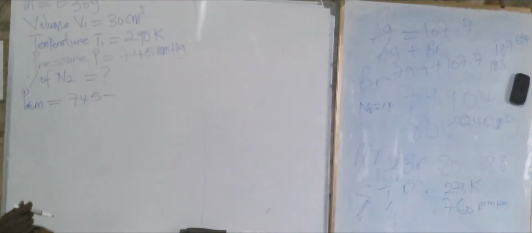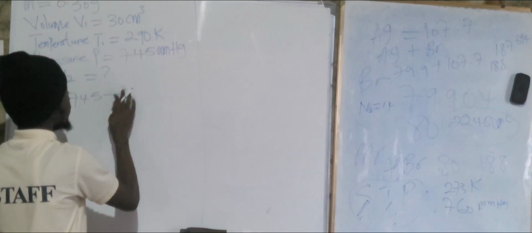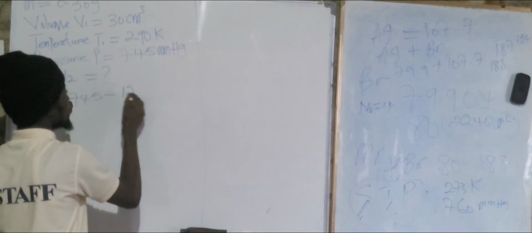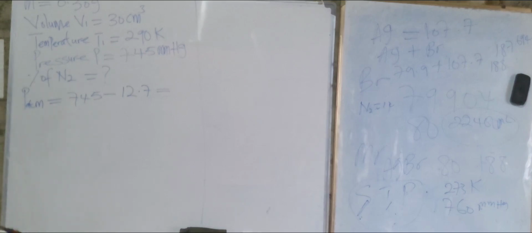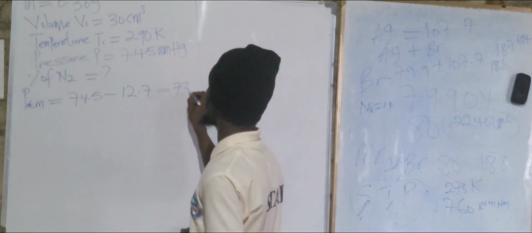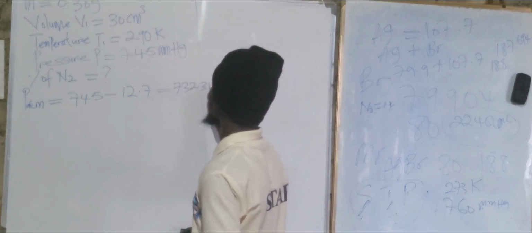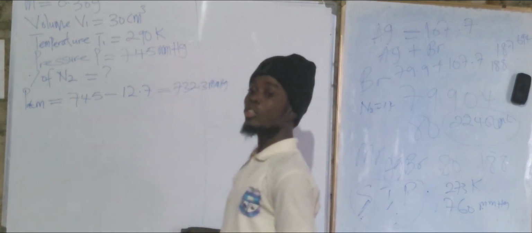Take that pressure, 745, minus the aqueous tension, 12.7. When you subtract, 745 minus 12.7 is 732.3 millimeter mercury.